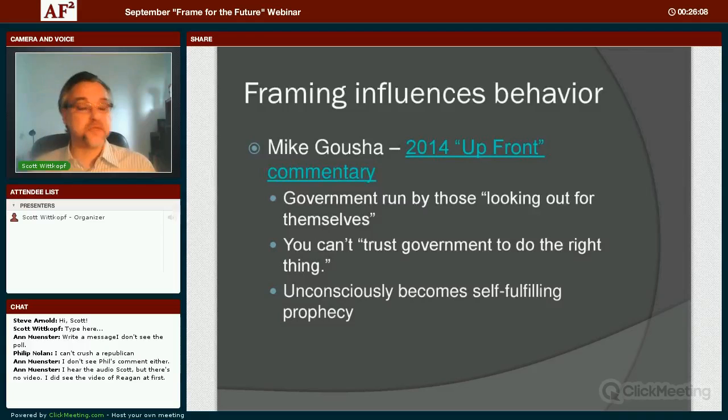There's that self-interest frame. And then, you can't trust government to do the right thing. And if any of you have studied any kind of psychology, the idea of a self-fulfilling prophecy, we know that framing and unconscious thought particularly influence our behavior. So at what point does that distrust in government, and government looking out for themselves, become a self-fulfilling prophecy, especially if this has been happening over 40 or 50 years?